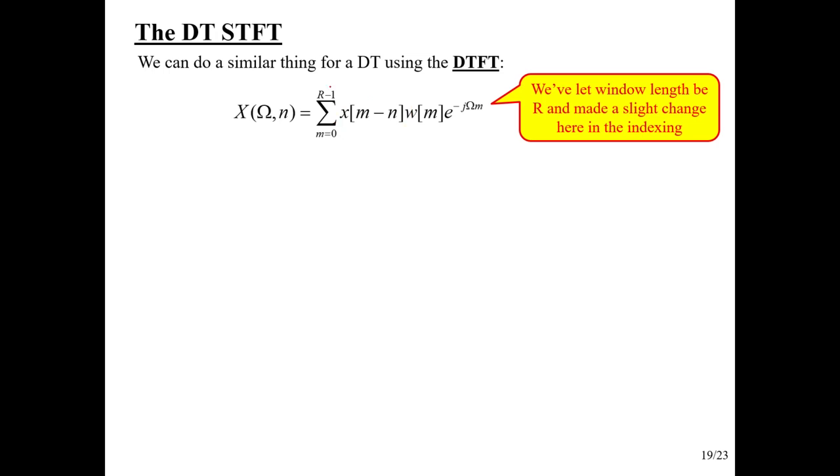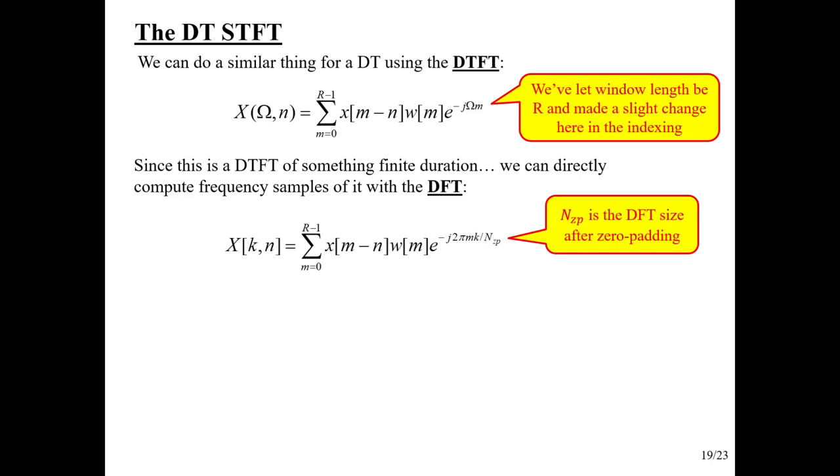And so R now sets up the length of the window and the duration over which we're observing. And n is a parameter that we use to move the signal's content in and out of the window. So now instead of moving the window, I'm moving the signal. Okay, so that's the idea. But the mathematics is pretty much the same.